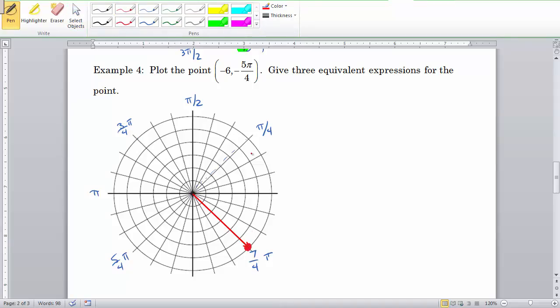What did I do? I rotated negative 5/4, right? Went all the way to here, but I had to go backwards. So that tells me that this is negative 5/4. Let's just check out that math. How did I get there?